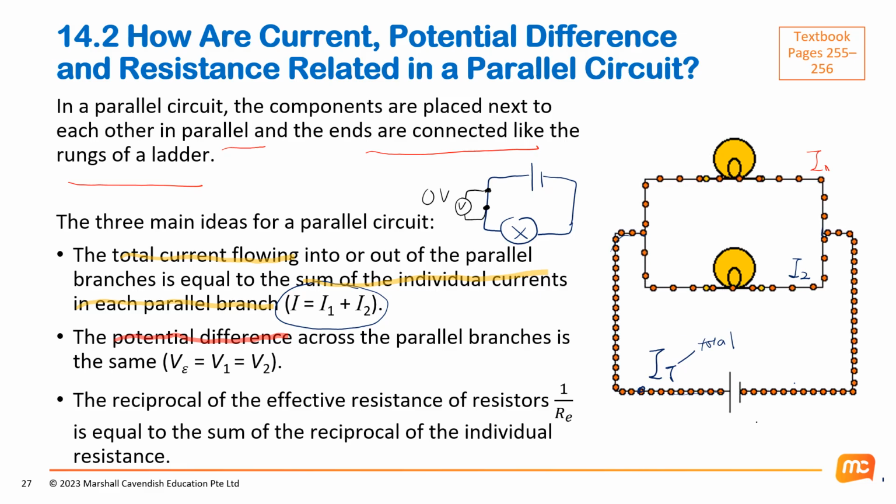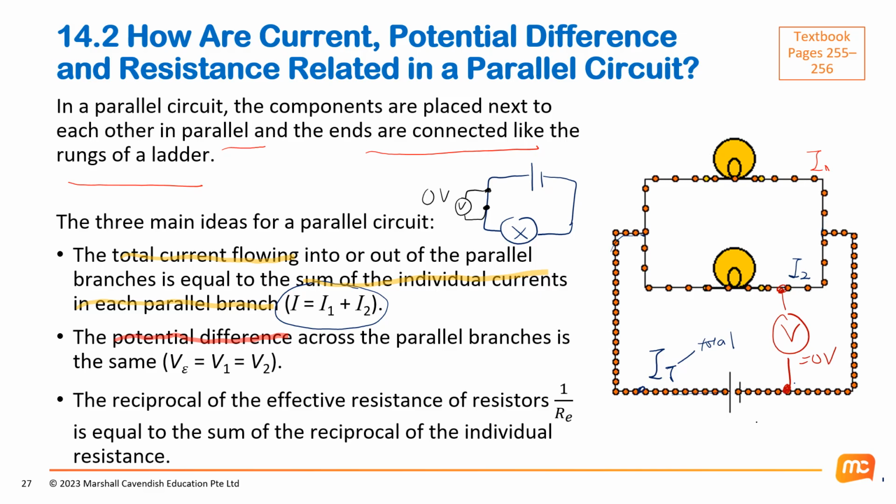Same thing for the parallel circuit. All this part with no components in between, there's no resistance, so the potential difference will be 0 volt. Let's say I take this part and this part and measure the potential difference. This will give me 0 volt because there's no components in between.